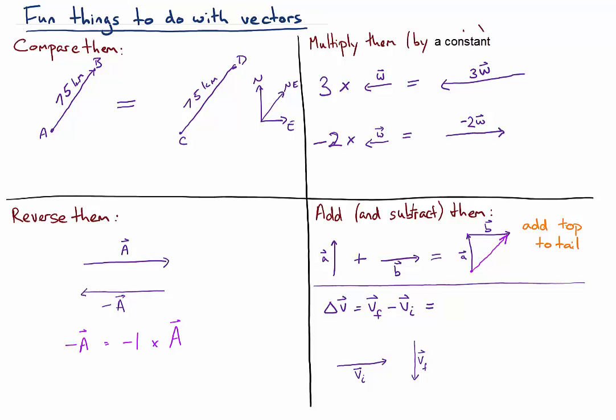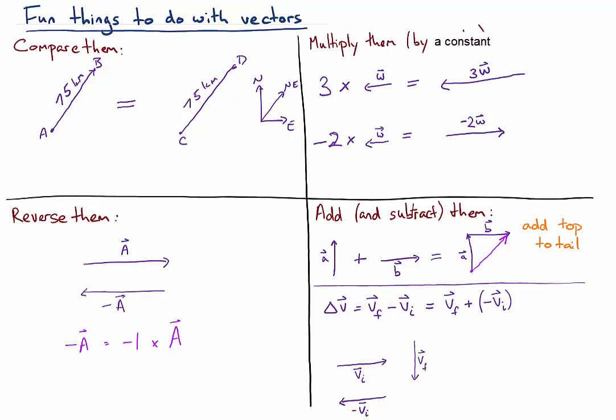Well, the crazy thing is that VF minus VI is the same as adding the negative of VI. Hey, so that's cool. What we can do is add two vectors, which we already know how to do, and we just need the negative of VI. So let's draw the negative of VI. It's just going the opposite direction.